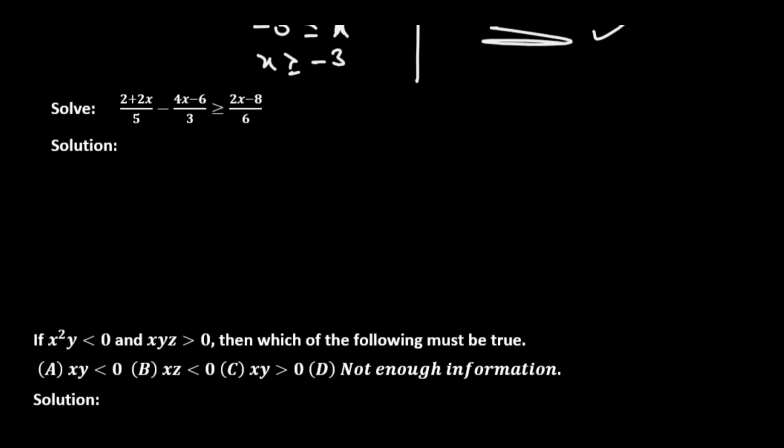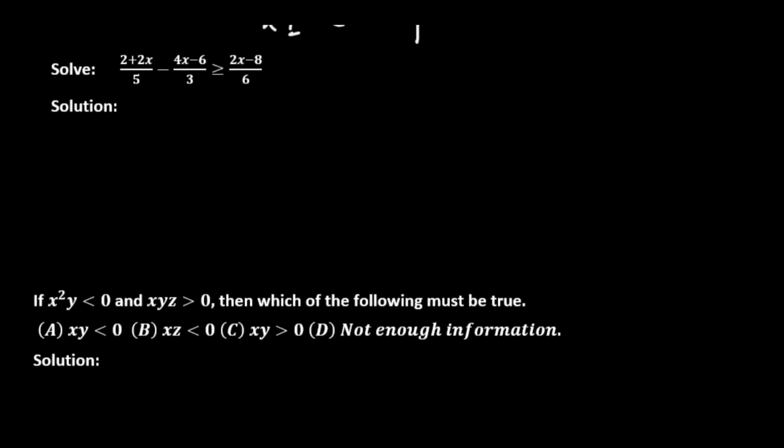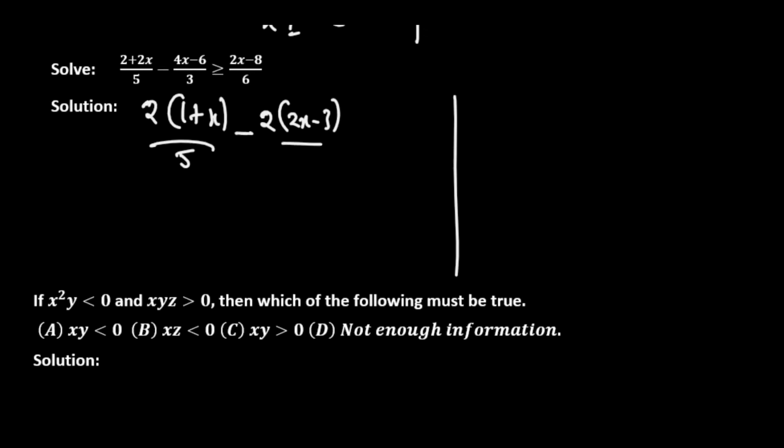We have to solve 2 plus 2x over 5 minus. What we notice here, if you can factorize, 2 is common in both. This is 1 plus x over 5 minus, we can factor 2, this is 2x minus 3 over 3 greater than or equal to 2x minus 4 over 6.